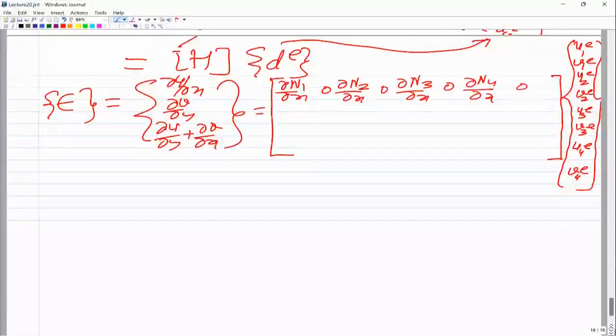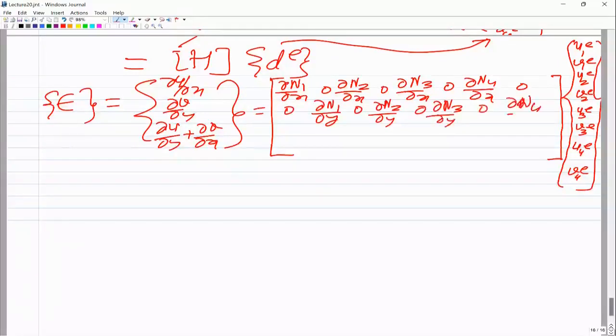With this we define epsilon xx, that is del u by del x. Then the second strain epsilon yy is del v by del y, the normal strain along y direction, so that is 0, then del N1 by del y, 0, del N2 by del y, 0, del N3 by del y, 0, and del N4 by del y.